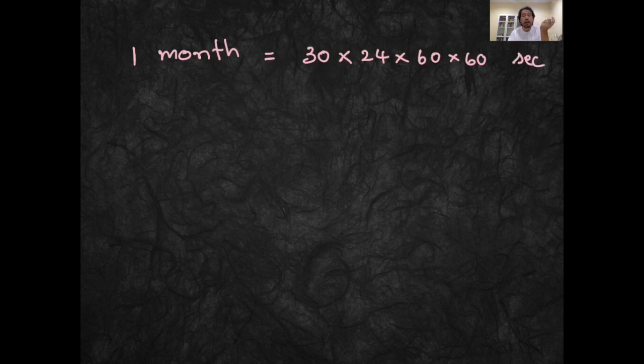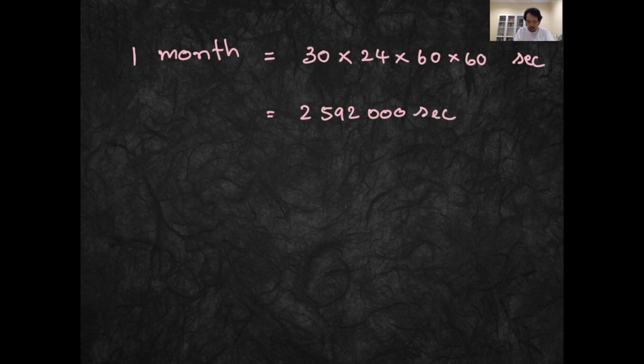This is the amount of seconds in 1 month, which you may compute with your calculator. It is 2,592,000 seconds.